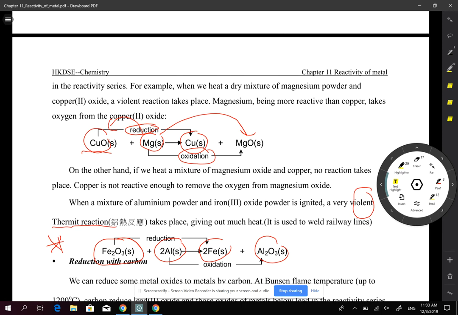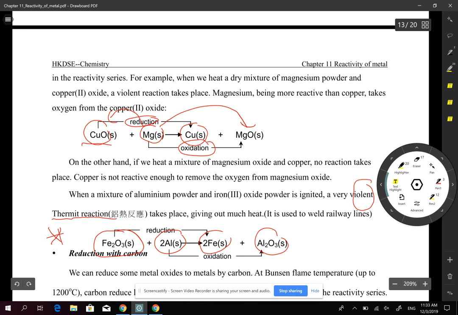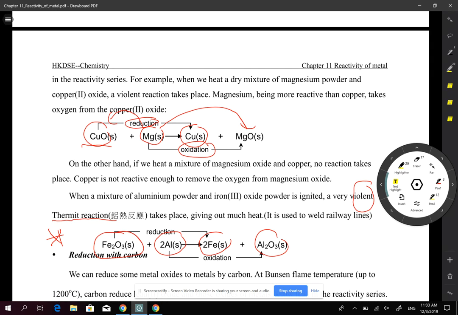So the magnesium will take away the oxygen and become magnesium oxide. Okay, then the copper oxide is extracted or reduced.